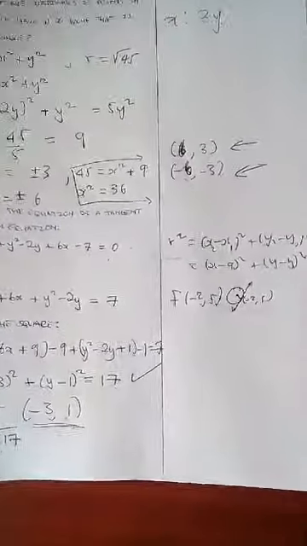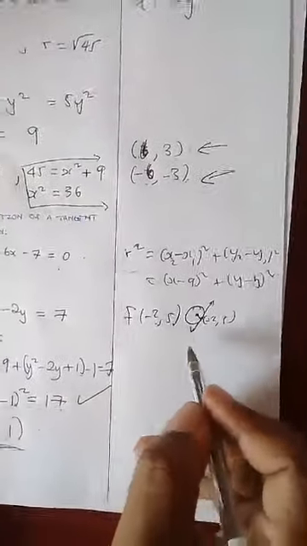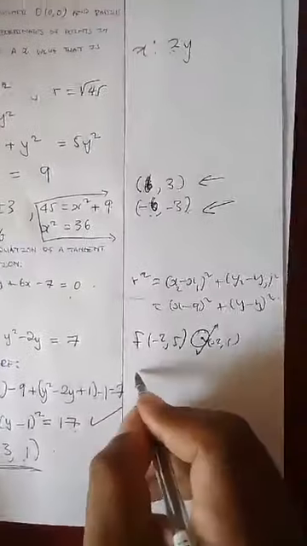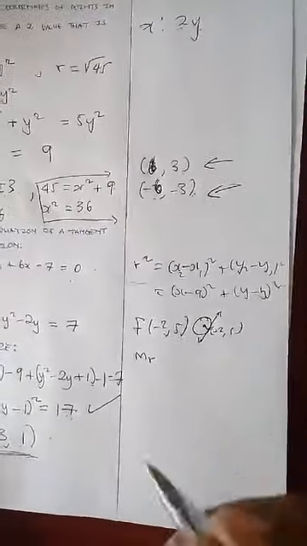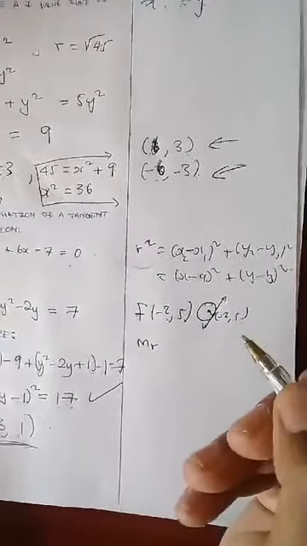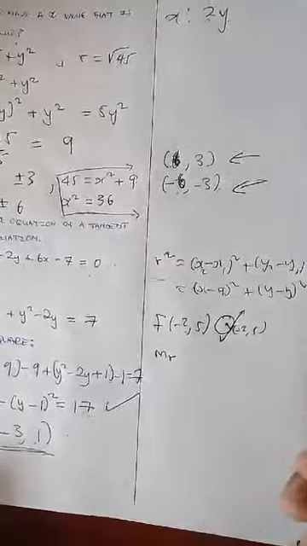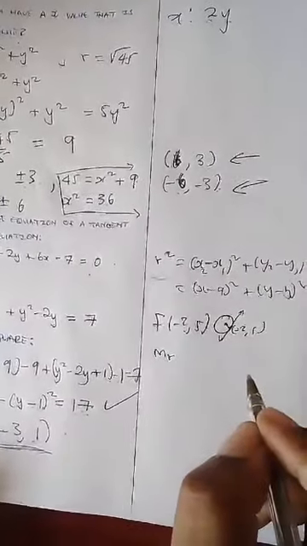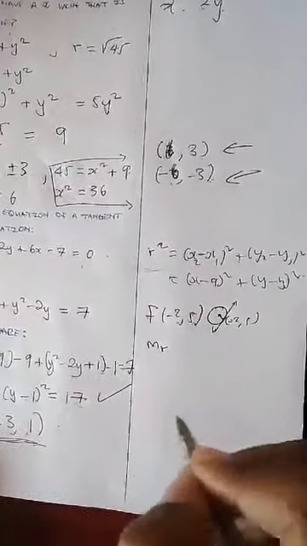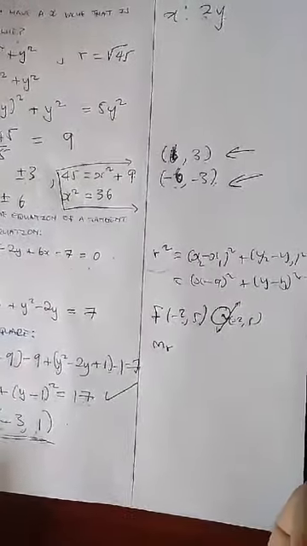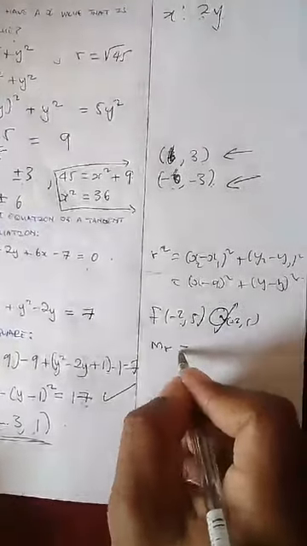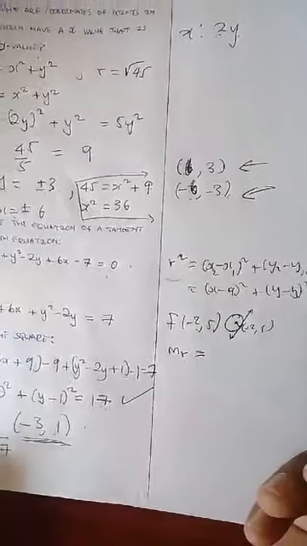Right? So what do we do now? We want to calculate the gradient of the radius. Why? Because the gradient of the radius, if we multiply it by the gradient of the tangent, should give us minus 1. So, meaning we can get the gradient of the tangent if we have the gradient of the radius. Okay? So, the gradient of the radius, I call it MR.